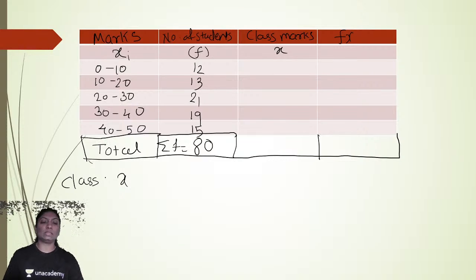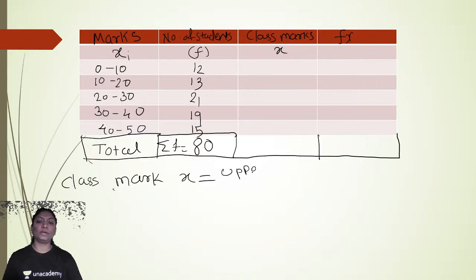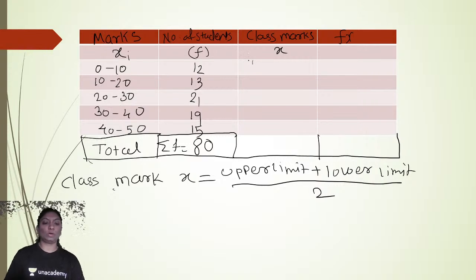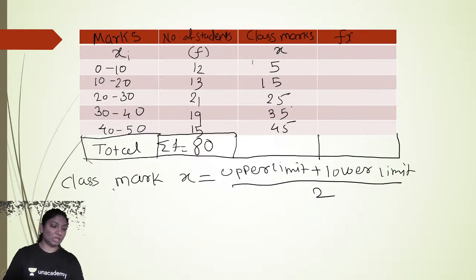I am telling you, class mark x can be calculated as upper limit plus lower limit upon 2. ये क्या आ जाएगा? 10 plus 0 is 10, 10 by 2 is 5, 30 by 2, 40 by 2, 25, 40. Okay, that will be your class mark.